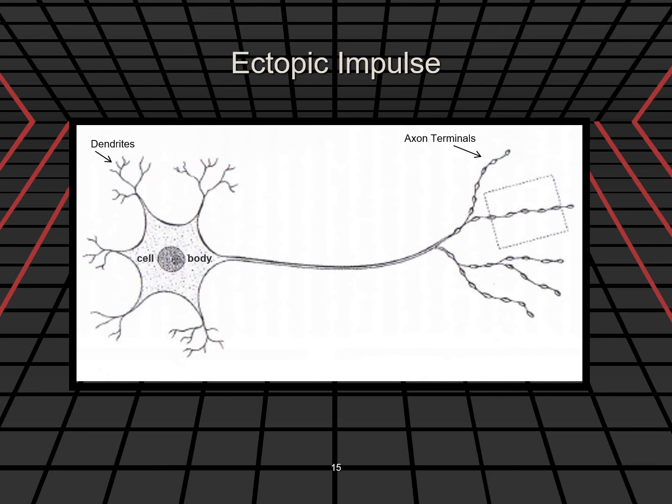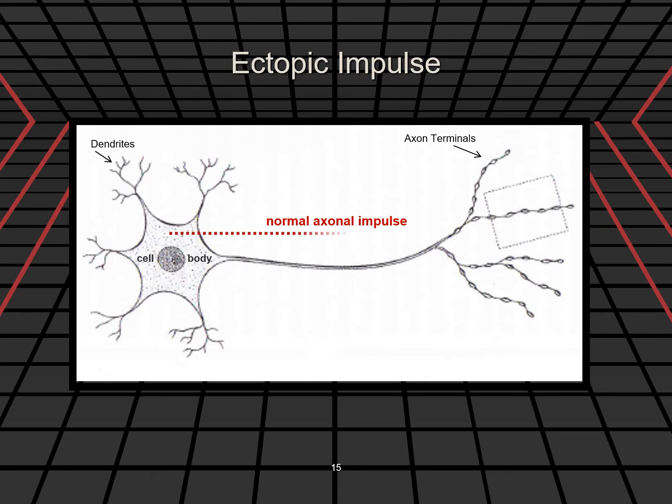All right, so here's your example of an ectopic impulse, or a pathologic abnormal axonal impulse. To the left you have your cell body, and then you have your axon and the terminal endings of the axon. This square right here could be any target tissue: a ligament, a muscle, a tendon.